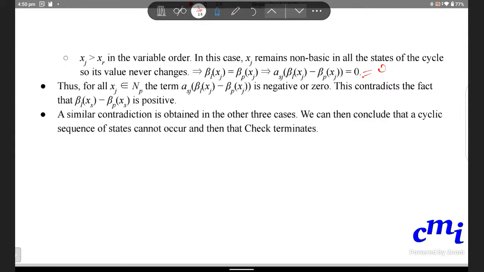Of course, the number of pivot operations that you'll have to go through before you find a satisfying assignment, the number of iterations, very much depends on the ordering that is used.